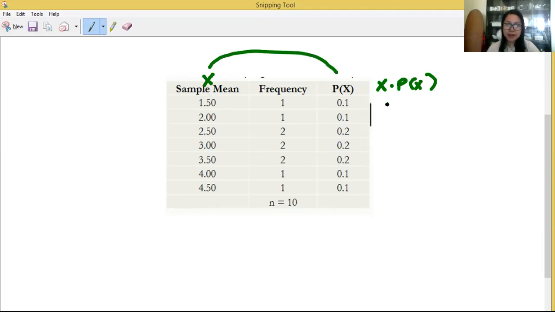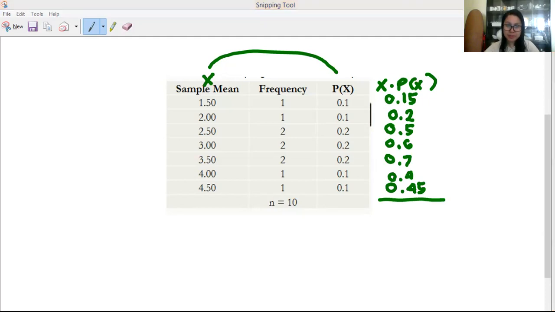So 1.5 times 0.1, that's 0.15. Next, 2 times 0.1, 0.2. This is 0.5, 0.6, 0.7, 0.4, and 0.45.